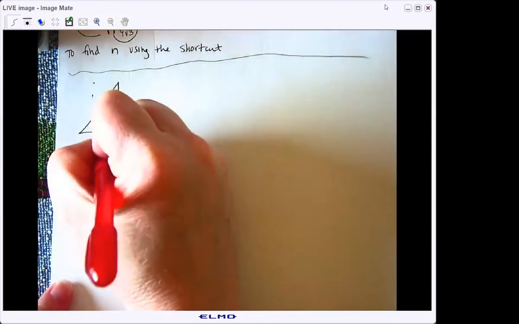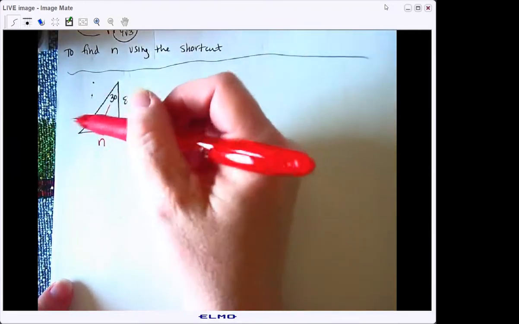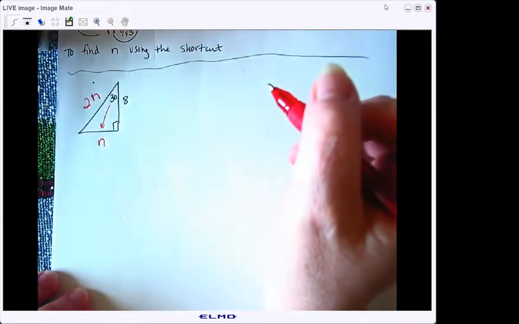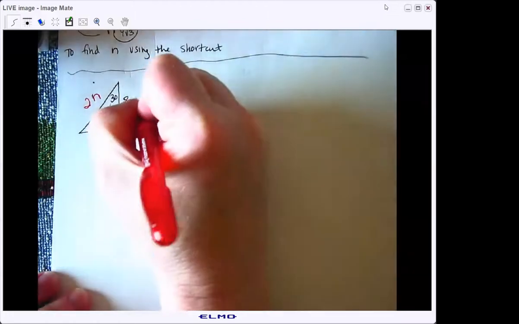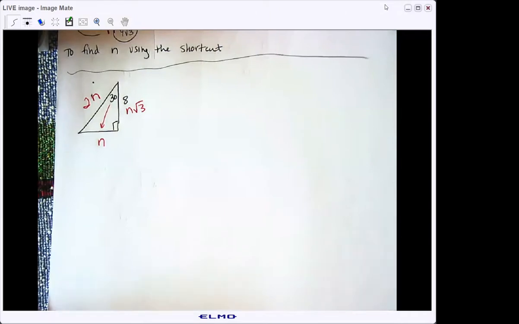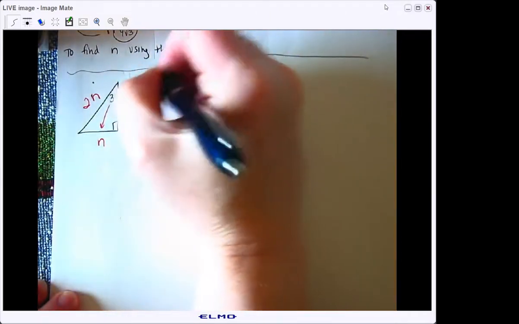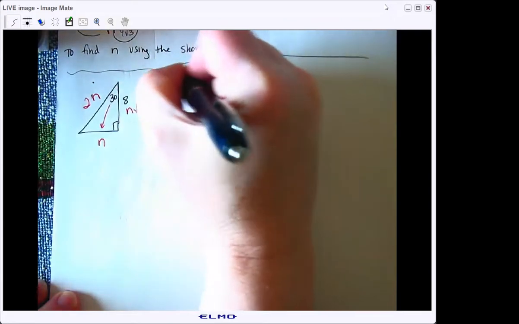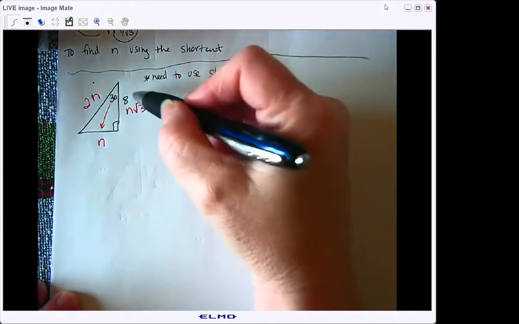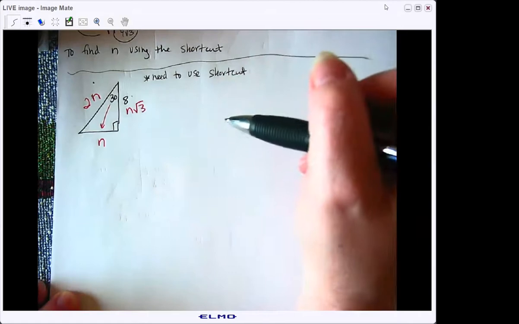This would have been really nice if that were a hypotenuse, because that would have been 2n, but it's not. So 2n, which makes this one n root 3. Since the 8 doesn't have a root 3 next to it, this tells me that I need to use the shortcut.